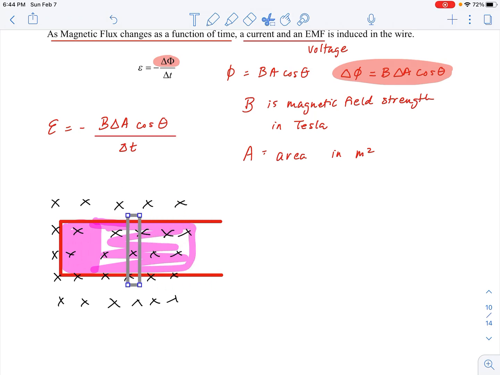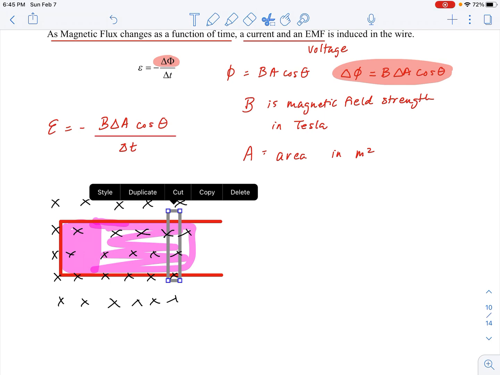Okay, so I'm going to move this bar, and by moving this bar, I'm getting a change in area, and that change in area changes the flux and therefore induces an EMF and a current.